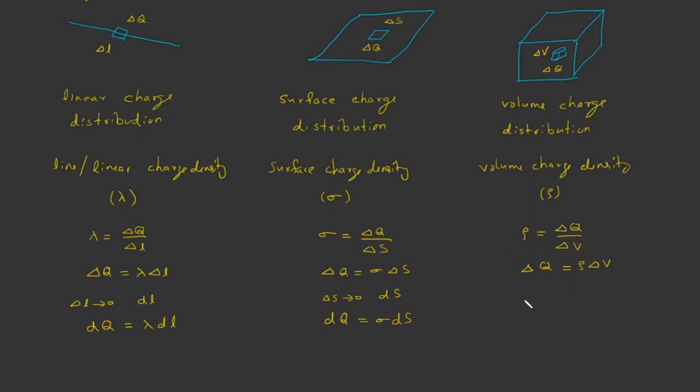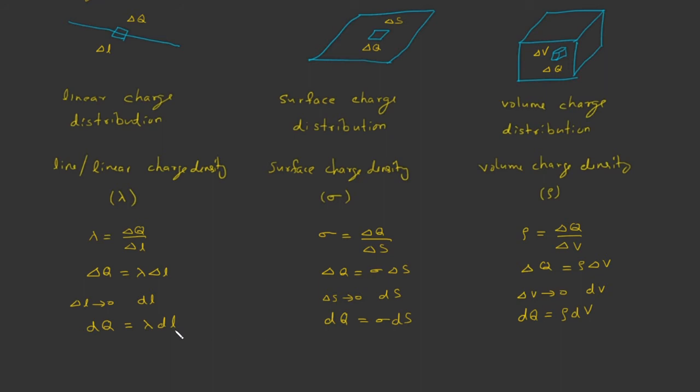And for this case, we can take delta V tends to 0, then dv, therefore dq is equal to rho dv. So these are the equations we can study in terms of charge densities.